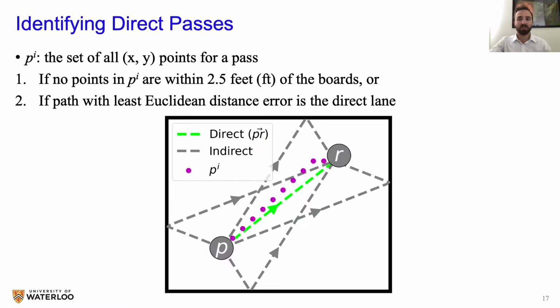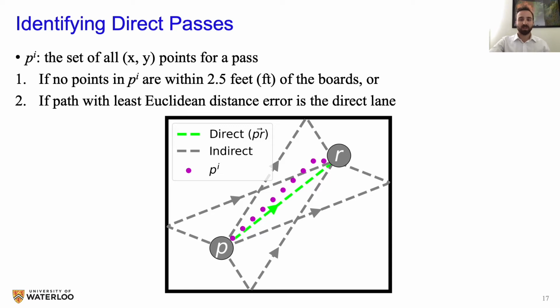First, we identify direct passes as those which do not have any points within 2.5 feet of the boards. We chose 2.5 feet through observations, although we'd like to learn an acceptable threshold directly from data in future work. Since direct passes can also happen close to the boards, we also project the 5 possible ways for P to pass the puck to R, omitting corners and lanes through nets.